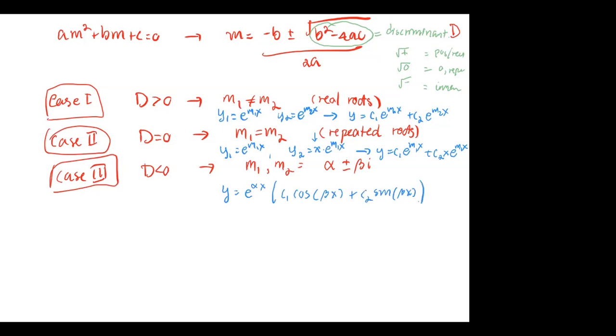So you use the real part as the power of the e times x, and then the beta, or the imaginary part, would be part of the argument of the sine and cosine.